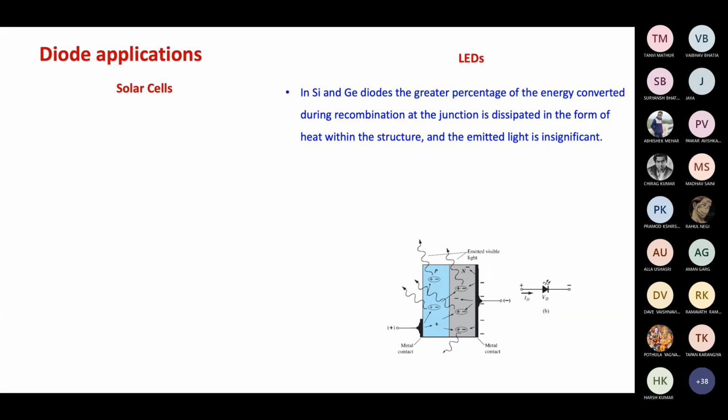This point I also highlighted at that time, that in making LEDs we typically use direct band gap materials. So that's why gallium arsenide or gallium nitride, these kinds of materials are used.